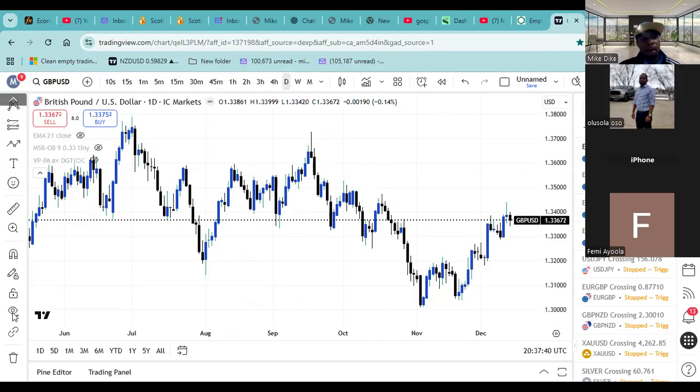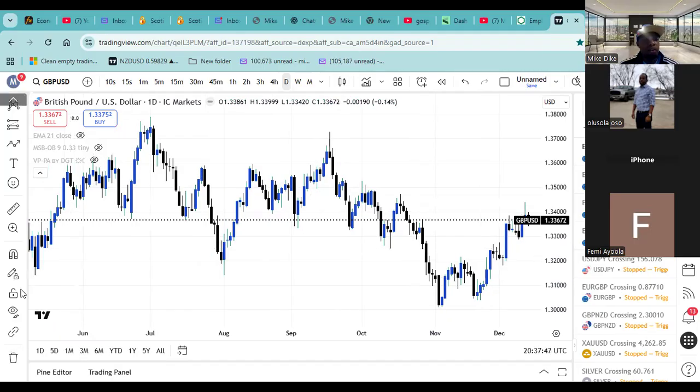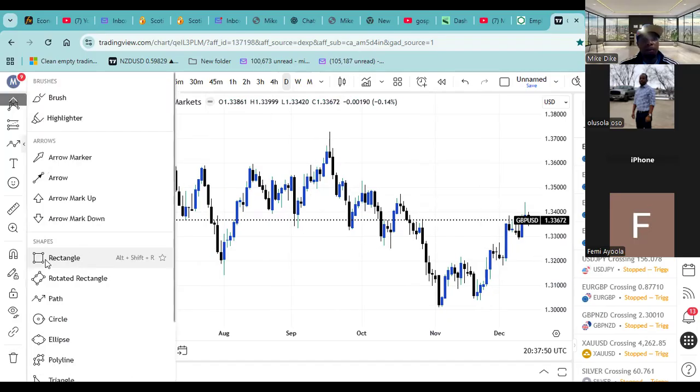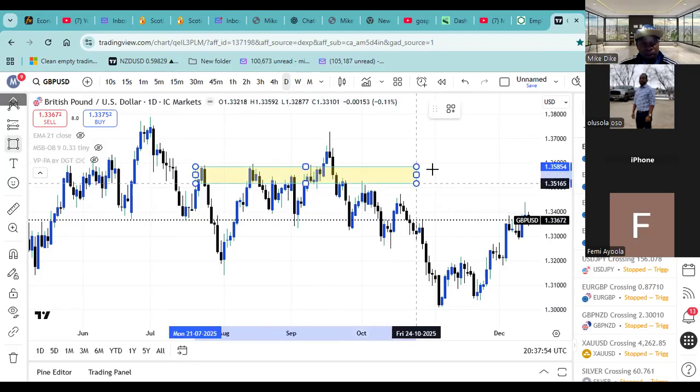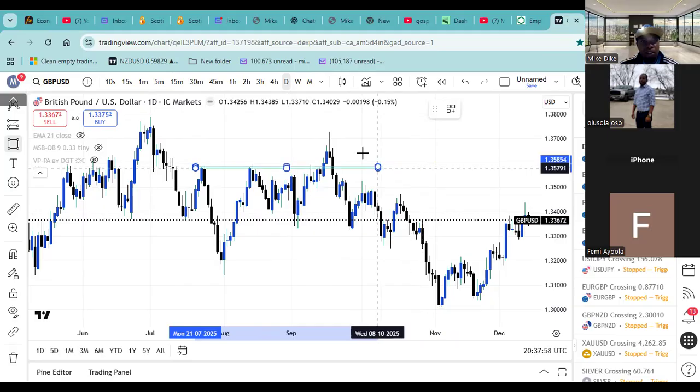All right, so how do I spot it out? Looking at this chart, I look at the place where the market is rejecting, where the market is reacting most. So using your eye, you look here. The market was touching and touching here.